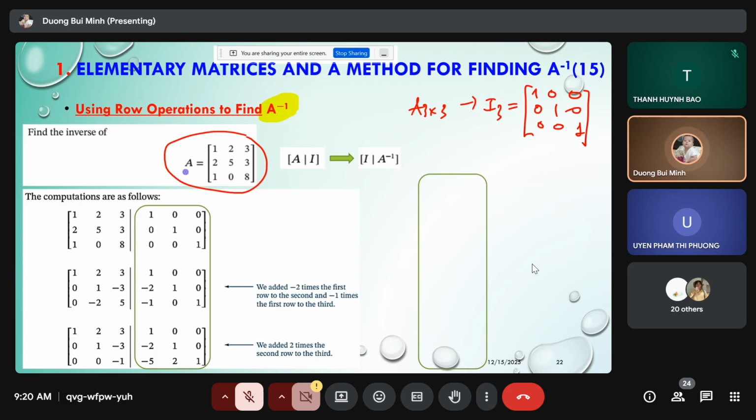We try to modify A to become the identity matrix, which is equal to AK.